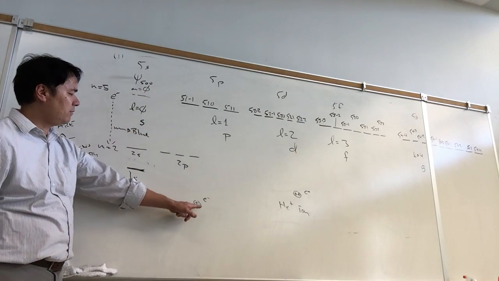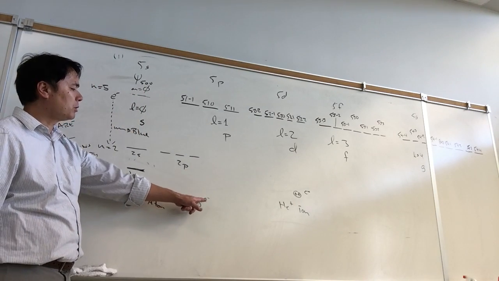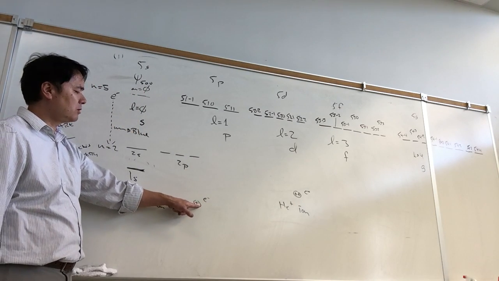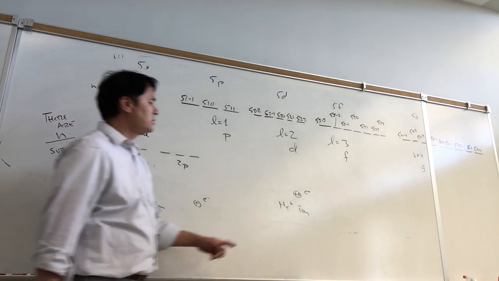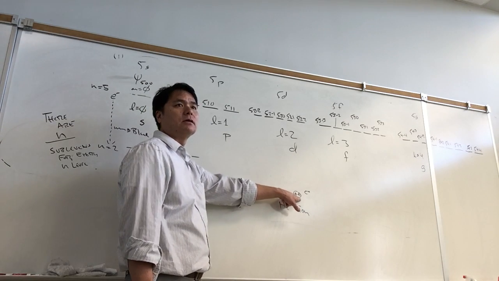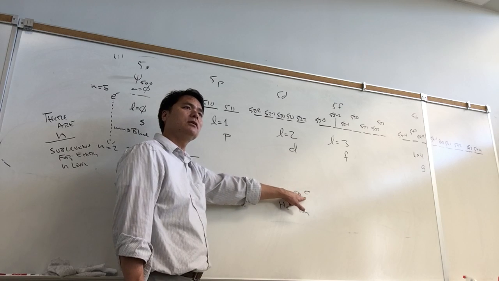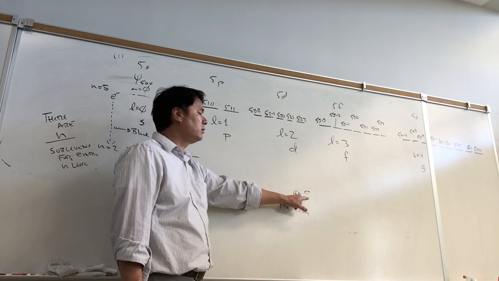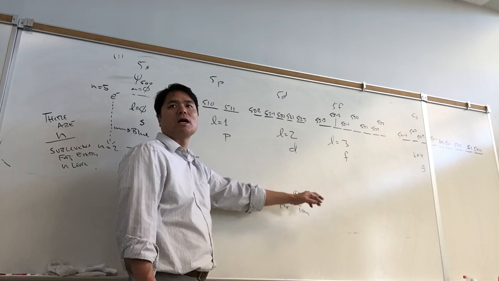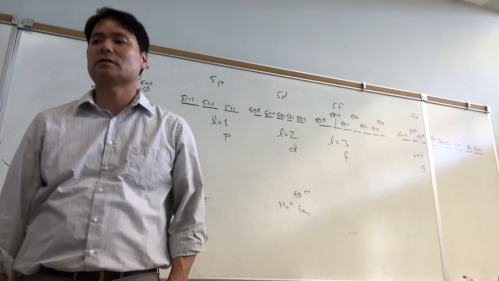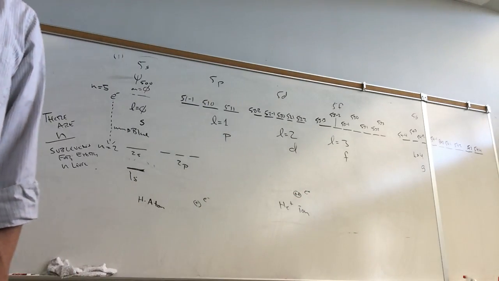The electron is attracted to the proton. What happens if you double the number of protons? Is that going to change the attraction? Now I have plus 2. Is it going to increase, decrease, or stay the same?